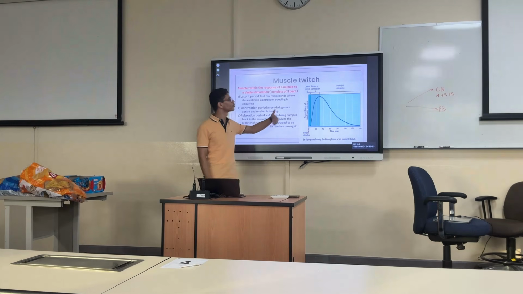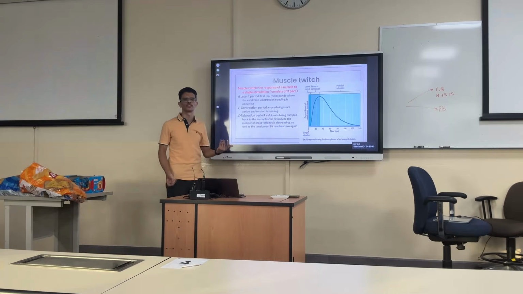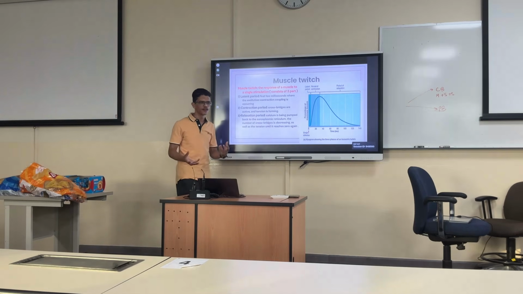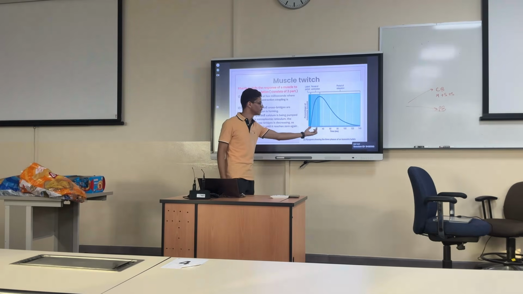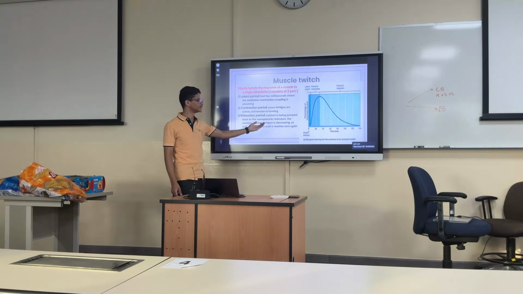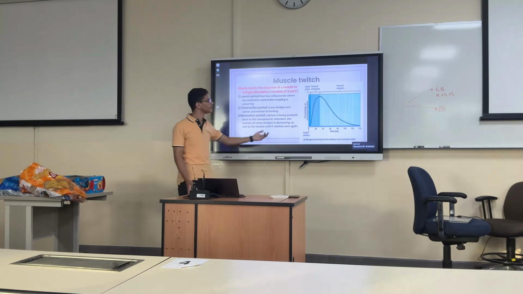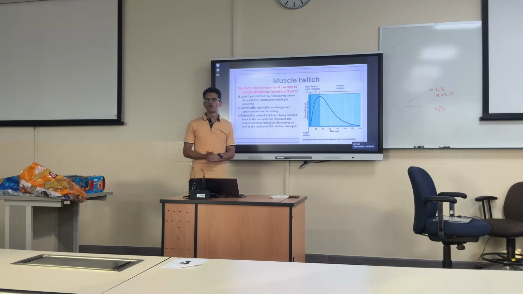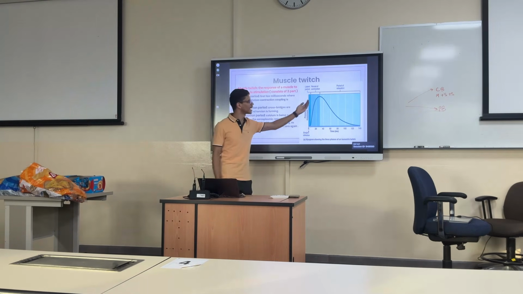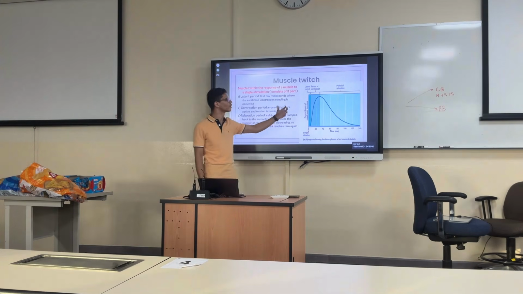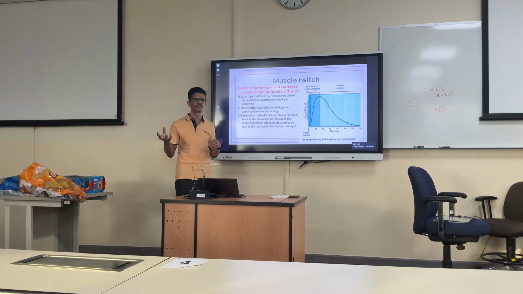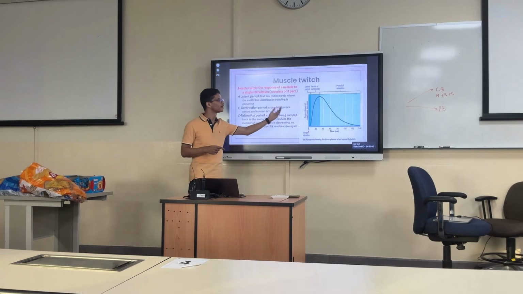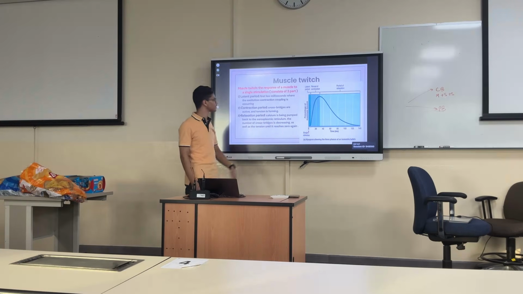And then the period of contraction, which is the building of the tension. As we said, the tension is the force your muscle is exerting. So it builds up gradually in a period of time after it receives the stimulus. And of course, the muscle won't stay contracted forever. It will relax after this. The period of relaxation is usually longer than the period of contraction, due to the difference in speed in the channels that cause each process.